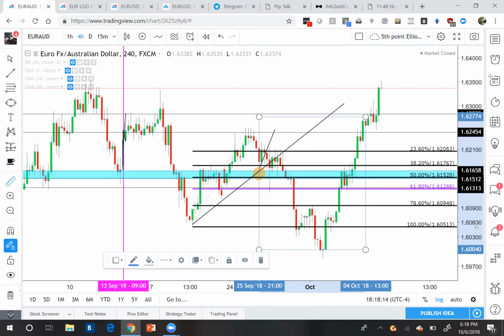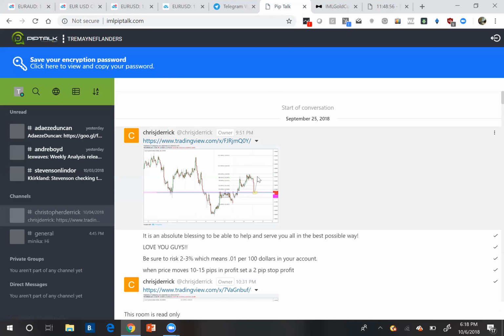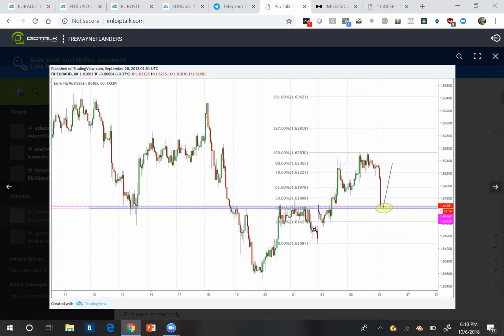Now, here's the thing. Even though it went down, it did respect it for a while before it went down. A lot of times, even though the price, now here was the thing that gave it away in terms of it going down. Remember I was talking about how, in order to break a particular area, it has to have a strong candle.